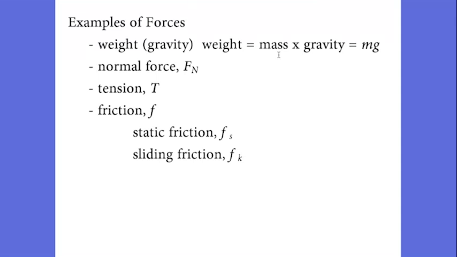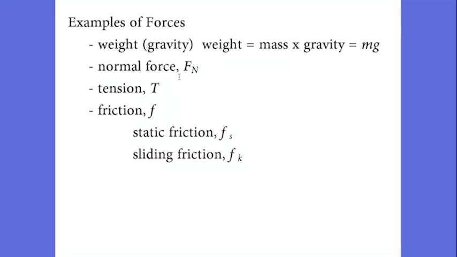We calculate the numerical value of weight as the product of an object's mass times the gravitational field strength. So on Earth, we would use 9.8. On the moon, though, it's 1.6 meters per second squared, or 1.6 newtons per kilogram. All right, and we'll label that in our diagrams. Often I like to use the term mg for weight.